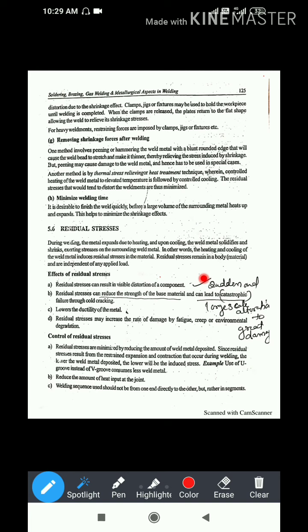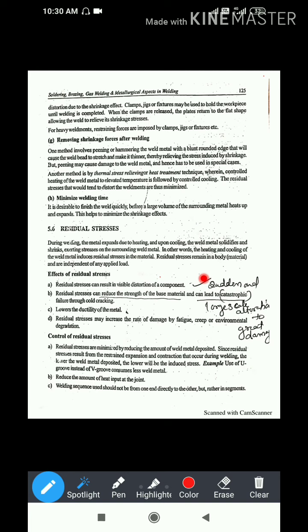Once you release the pressure by removing your hand from that paper, what happens? The stresses which were made to stay in that paper start to come out. When the stresses come out, the paper starts to expand.